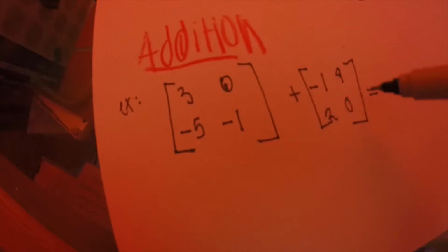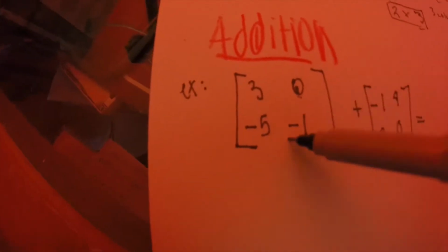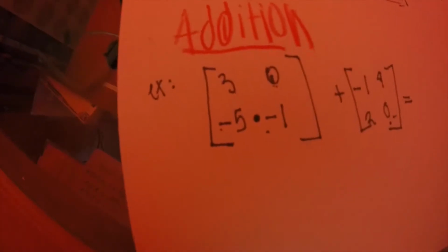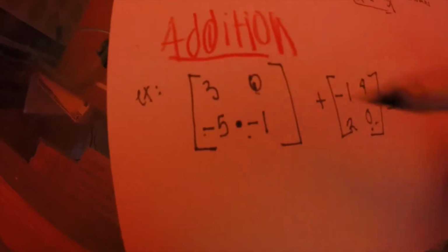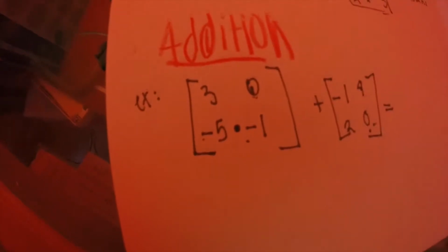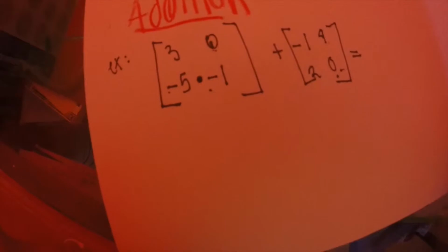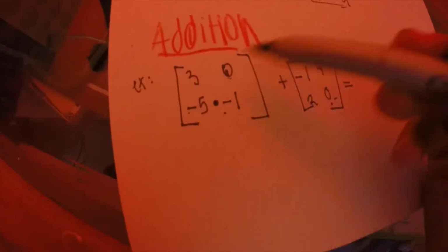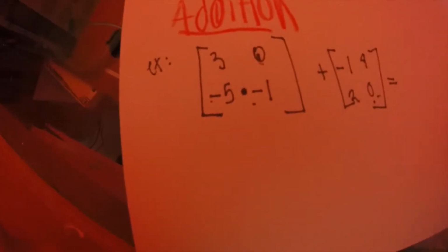They are the same dimension. This is a 2 by 2 equally to 2 by 2. Therefore, these are actually very possible to be added. Any dimensions that are not equal, since everything depends on placement, then it cannot be added or subtracted.